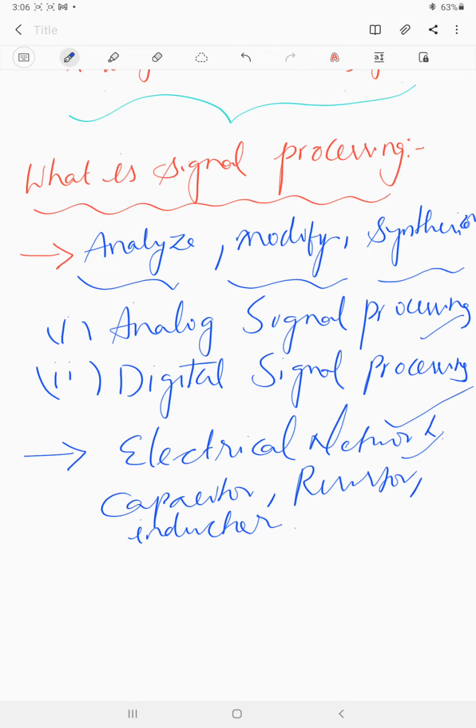In digital signal processing, an analog signal is converted into a digital signal, then that digital signal is processed. After processing, the digital signal is converted back to analog form. Now let us understand the block diagram of digital signal processing.